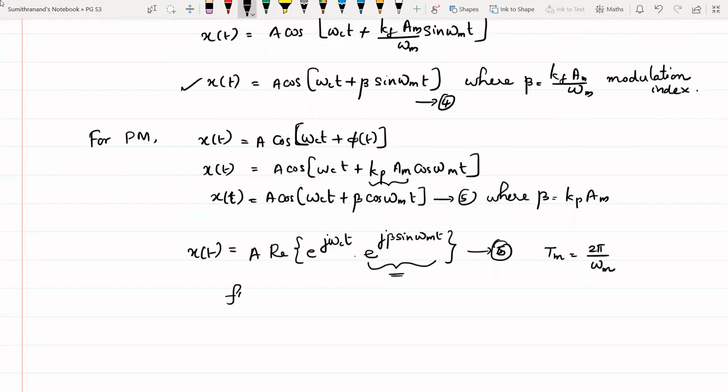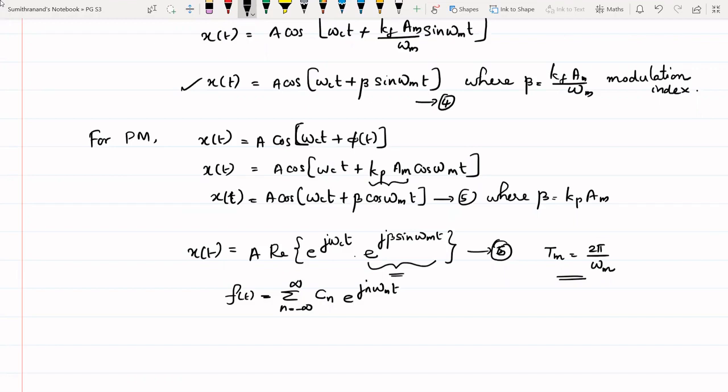Therefore, f of t is equal to the sum from n equals minus infinity to infinity of Cn into e raised to j n omega m t. Here the total period Tm is equal to 2 pi by omega m, which is divided from minus pi by omega m to plus pi by omega m.